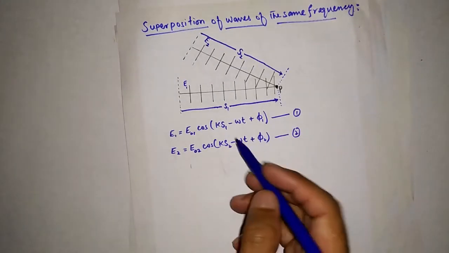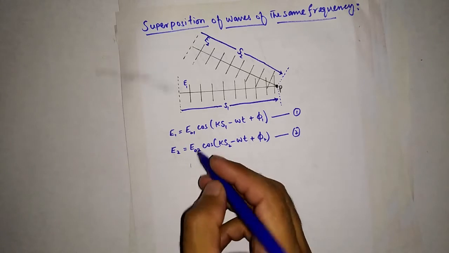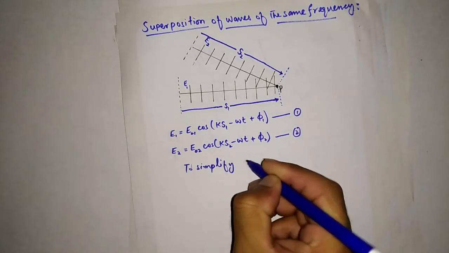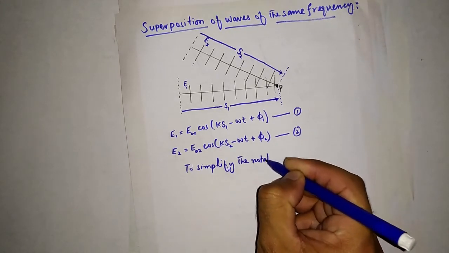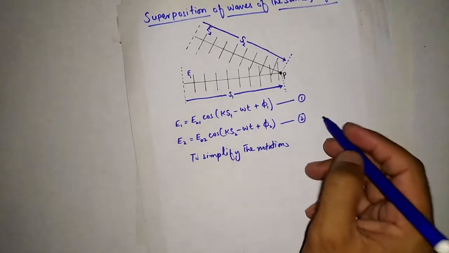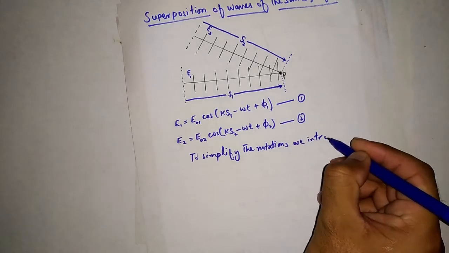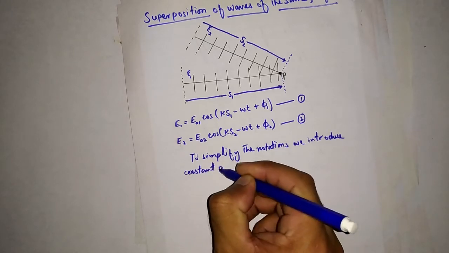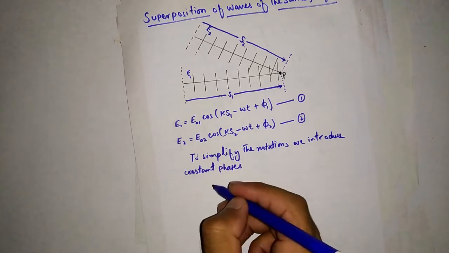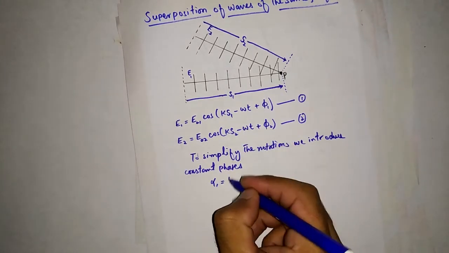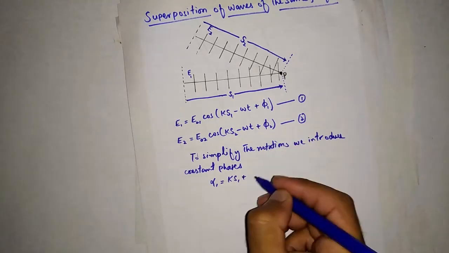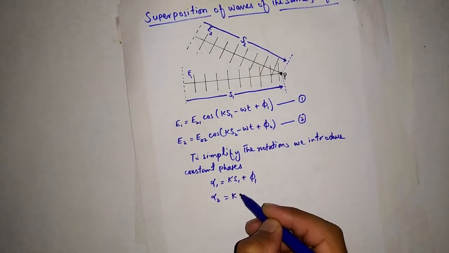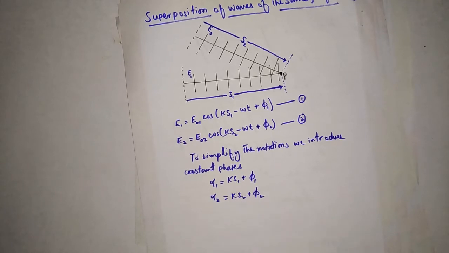To simplify the notation, we introduce constant phases, such as alpha 1, let this be k S1 plus phi 1, this is alpha 1, and for k S2 plus phi 2, this is alpha 2.